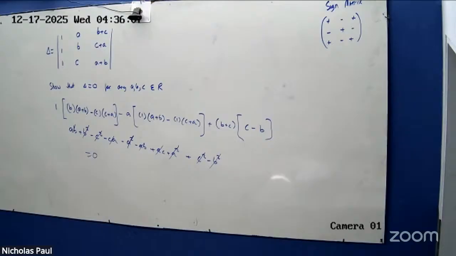Next one. Identical rows or columns give a determinant of 0.